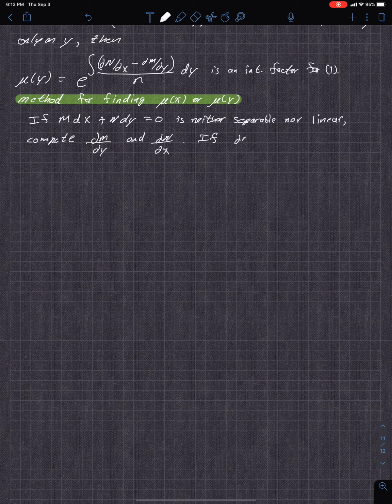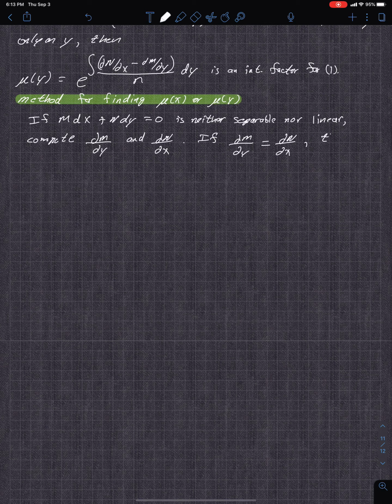If they're equal, what do we know? If partial M with respect to y equals partial N with respect to x, then the equation is exact, and you solve it in the exact way.